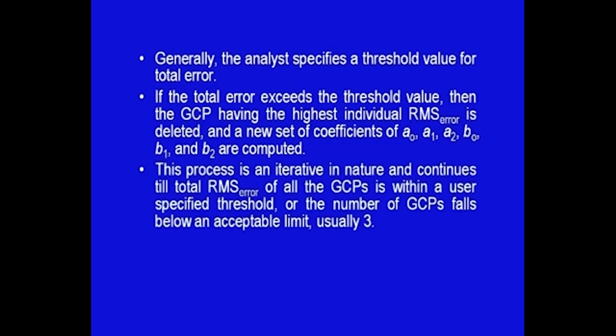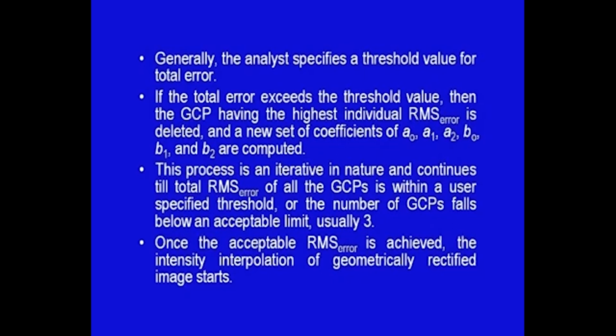This process is iterative in nature and continues till the total RMS error of all the GCPs is within a user specified threshold, or the number of GCPs falls below an unacceptable limit, usually 3.